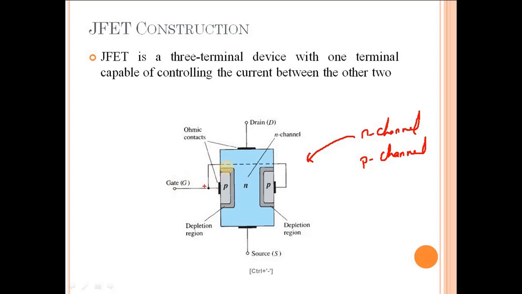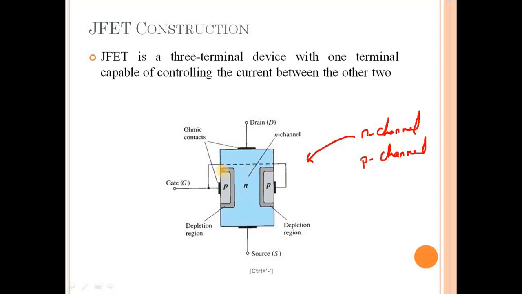So when there is no potential applied anywhere, we have in that situation two PN junctions. One PN junction over here at the edge of the p-type material, and another PN junction at the edge of this p-type material transiting from p to n-type. So in this construction diagram we can spot two PN junctions.